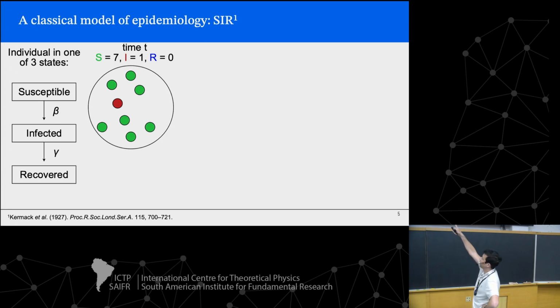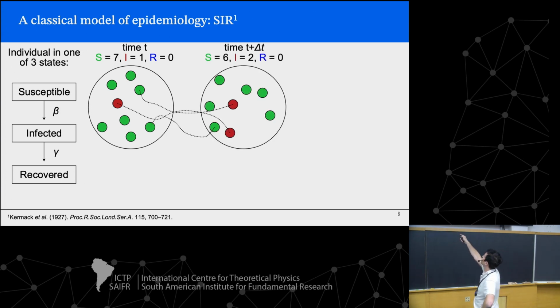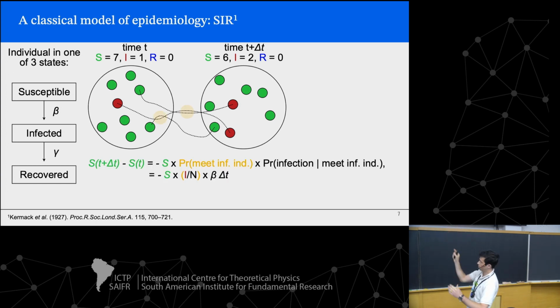So I have like 8 beads in there. And so at a later time, what is the number of red beads? Well, to calculate the variation in the number of green beads, I just have to figure out for each of them what is the probability that they get in contact with a red bead and that the red bead passes the color, right? Probability to meet a red bead would be the concentration or the number density of the red beads.